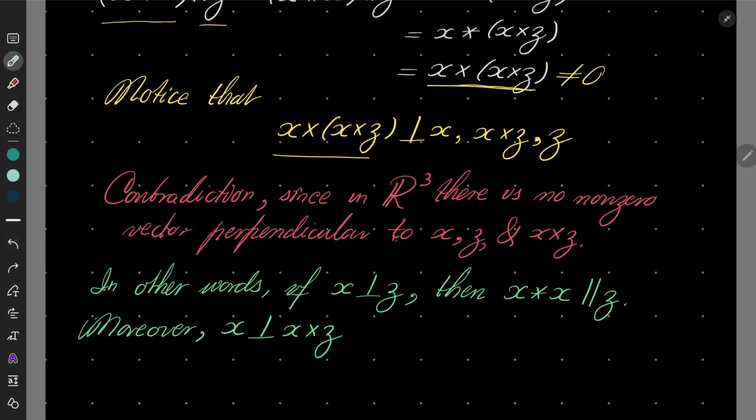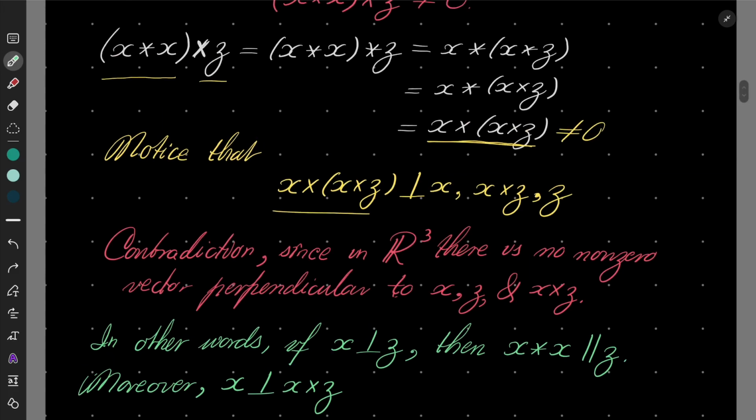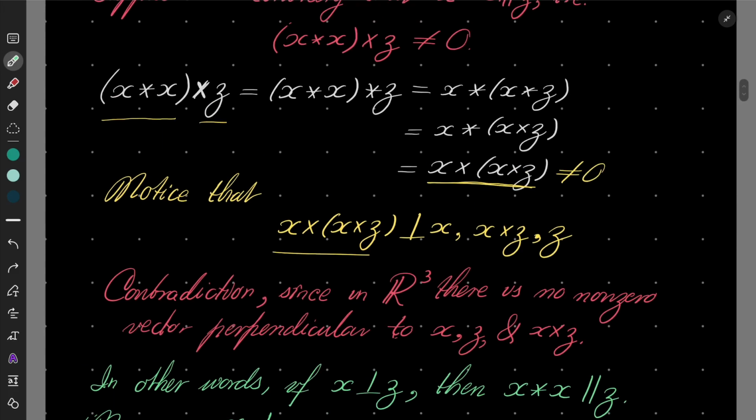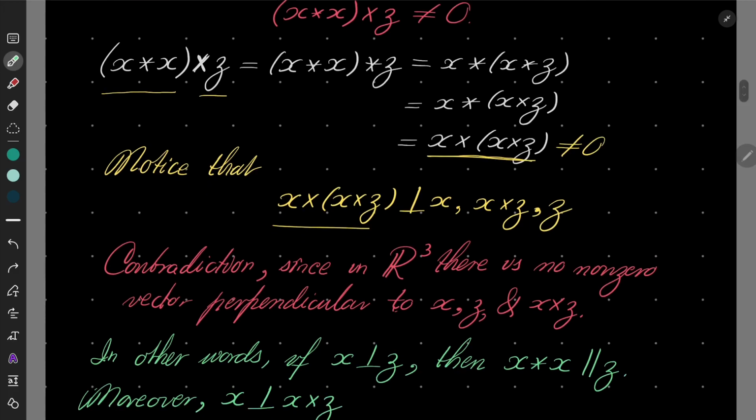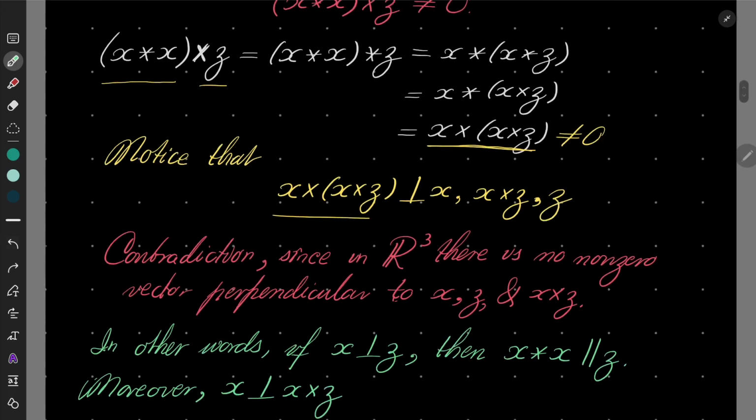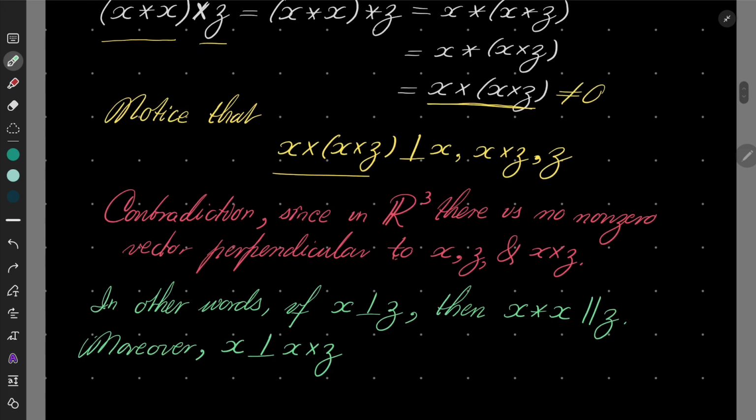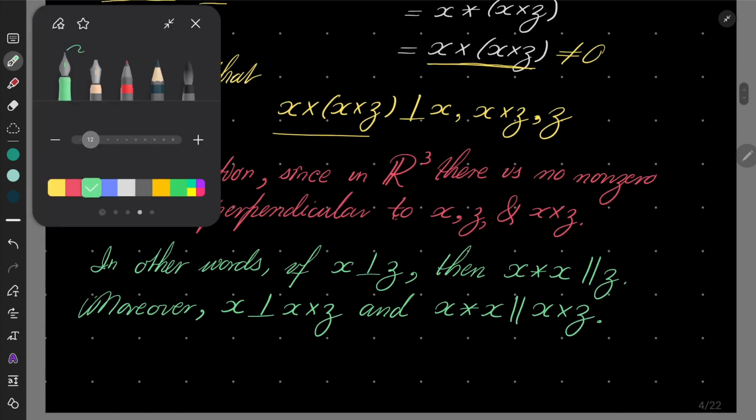And by making the same reasoning as above, literally the same, apart from changing z to this vector, we can demonstrate that in the same vein, x star x is also parallel to x cross z. And that's a problem. Not exactly.